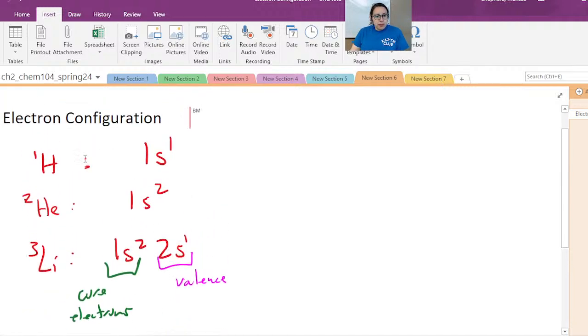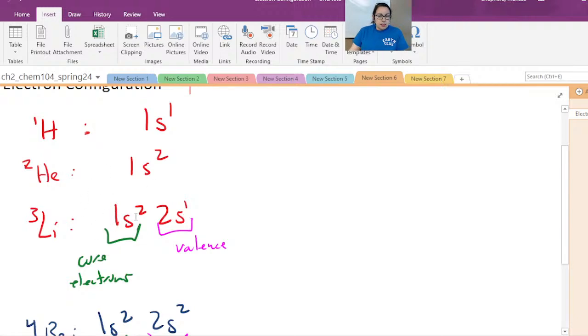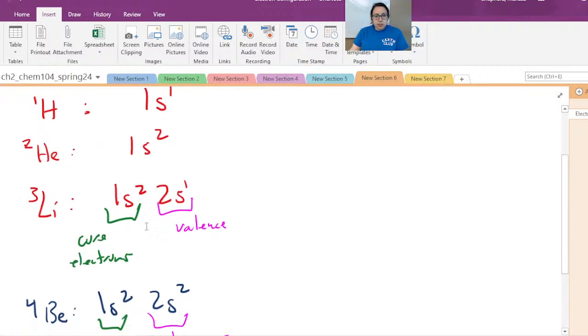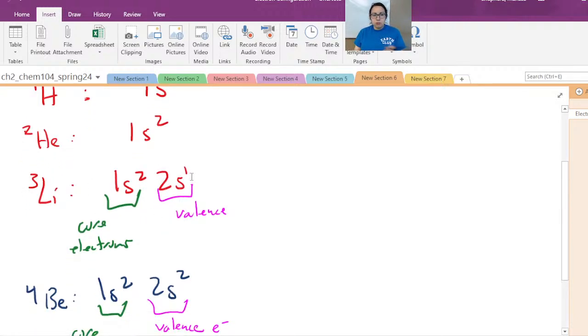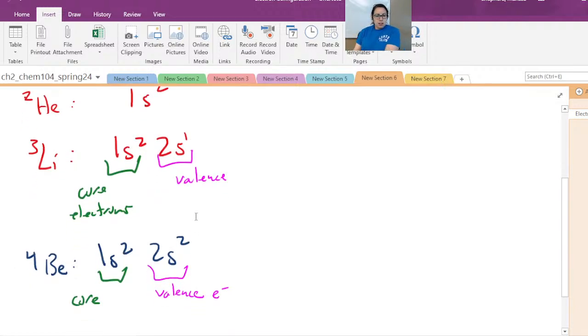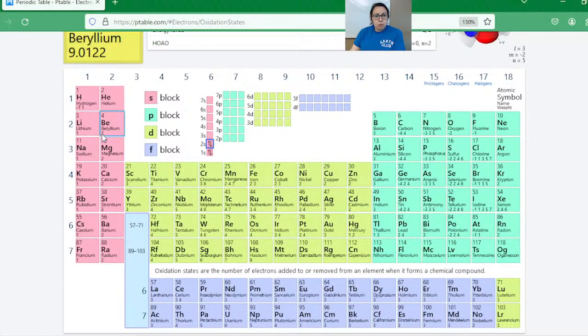All right, so we went from hydrogen to helium, then we did lithium, and we mentioned lithium had that 2s1, so our valence electron. Then we did beryllium, and beryllium rounds out our S block.